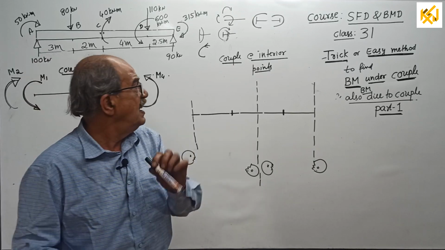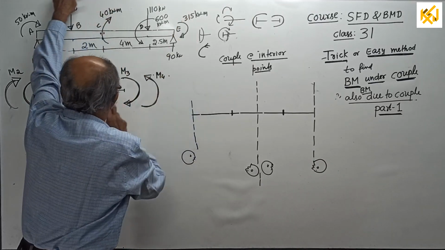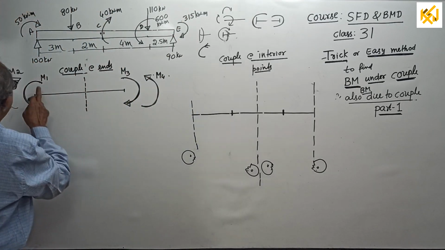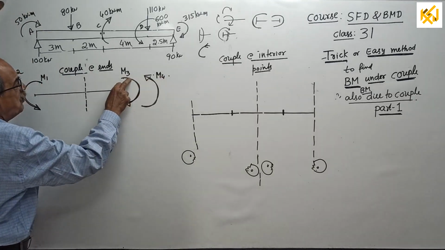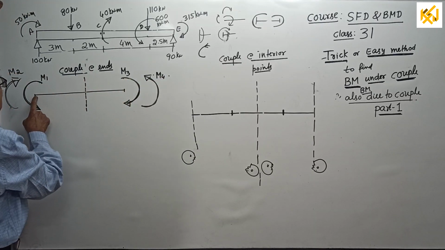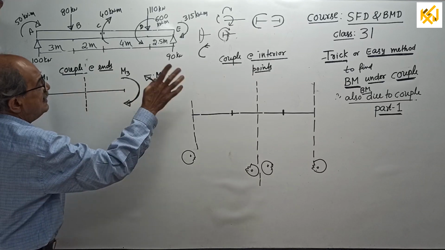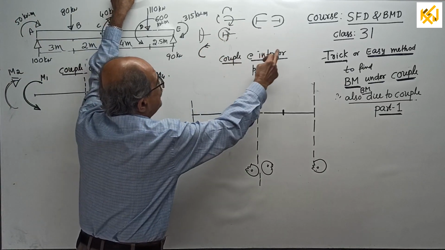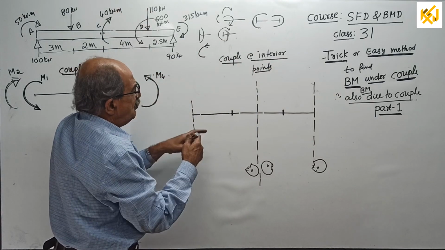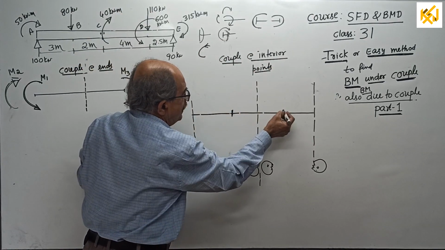One more thing, I'll come later. See, I wrote M1, M2, M3, M4. On the left side I want two couples. Don't put numerical values now. And here, couples at interior points. I want one couple here, one couple here.